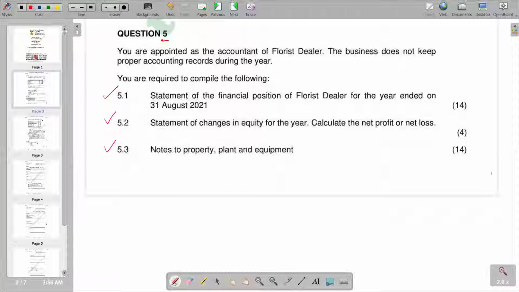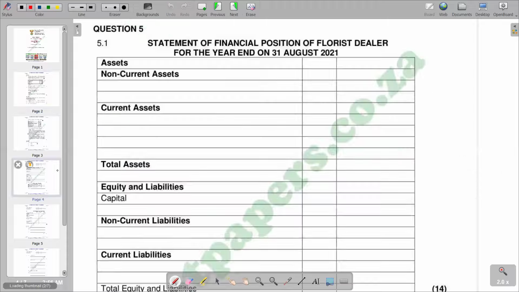So we have to start by opening the notes, and after we have completed the notes, we can proceed to the statement of financial position. In this case, we start with 5.2, then go to 5.3, then go back to prepare 5.1. So let's start with 5.2, whereby we go to our answer section.